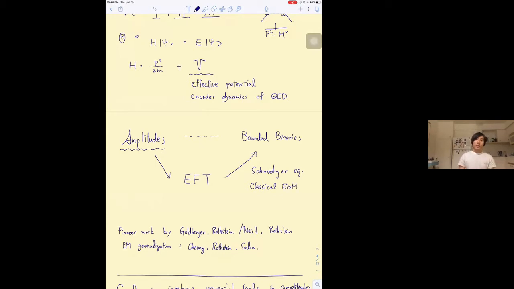And because we have already integrated out the complicated underlying GR effects, these classical equations of motion are simply some undergrad mechanics, which you can easily hand over to your LIGO friends, and they can input them into their waveform models. So that's the approach we're going to take in this program.